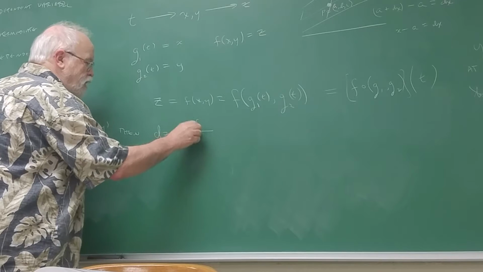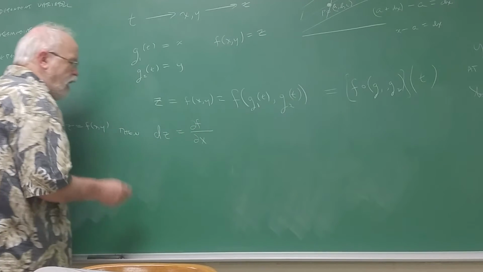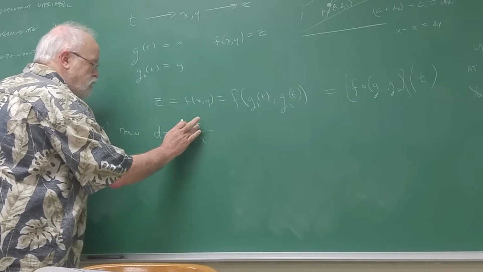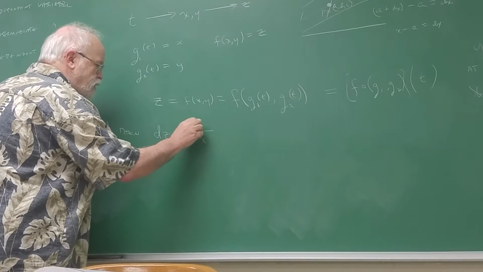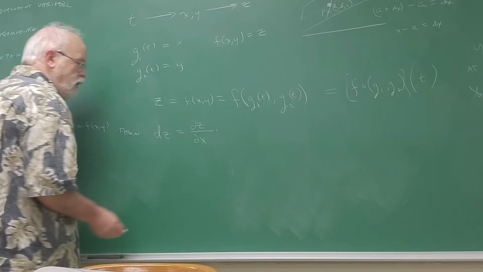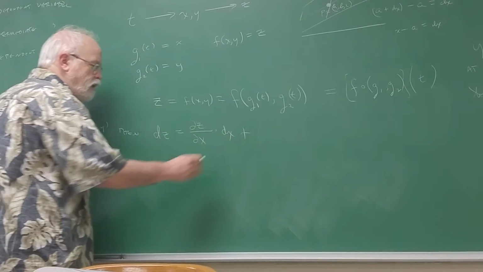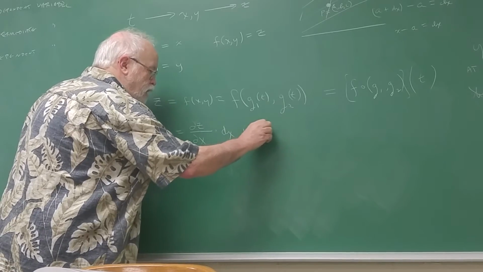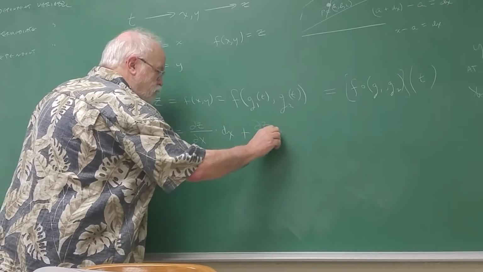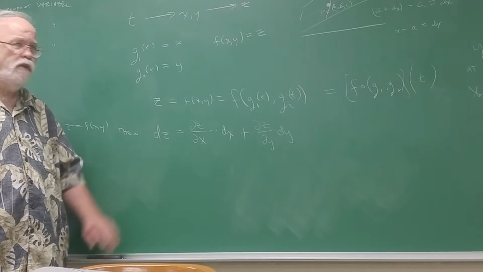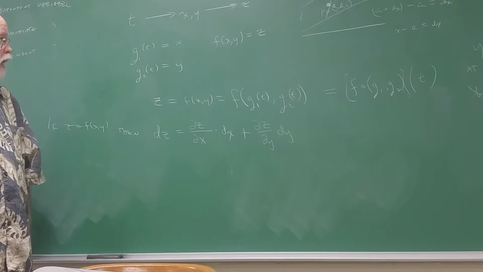Del f over del x. But I like to say it with the variables instead of the function names. So del z over del x times dx. And now you're on a roll again, I bet. Plus del z over del y, times dy. All right, so there is my formula for differentials. I'm going to start with the formula for differentials.